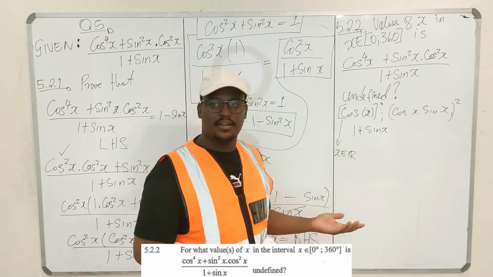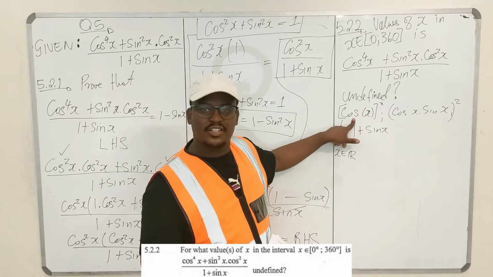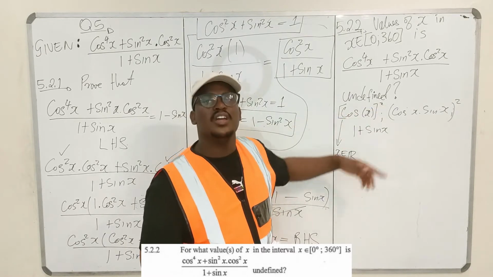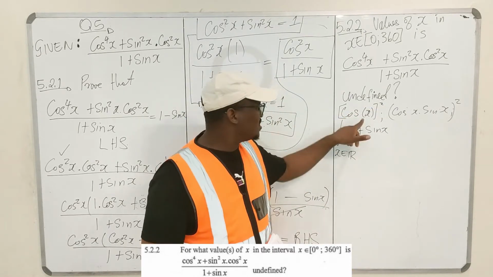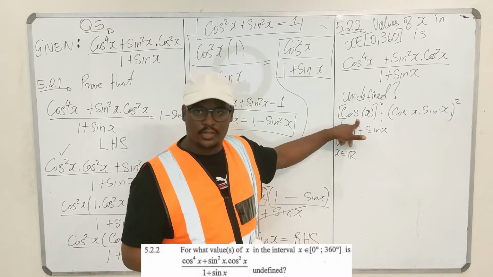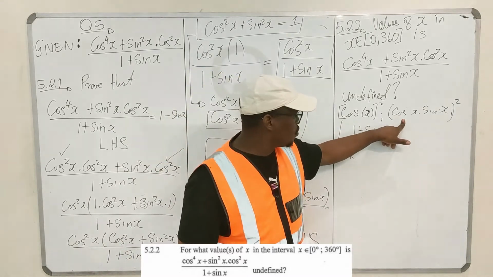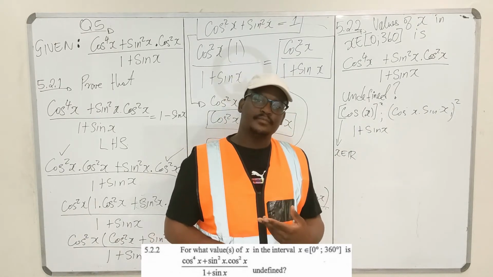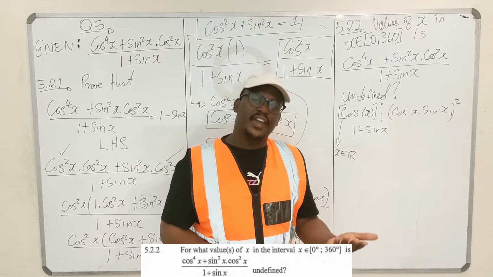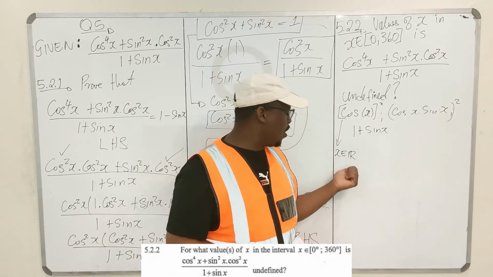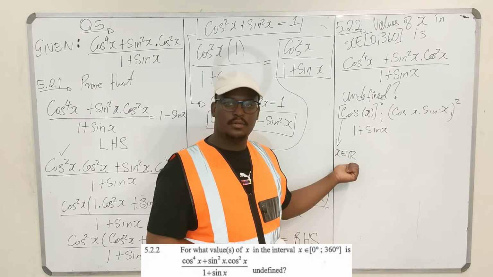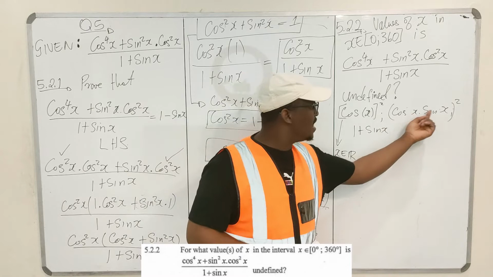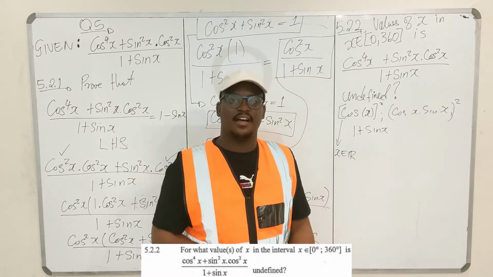This cos x all squared will always have a value because it will always be defined for all values of x. It's the same with sine x. Sine and cos have values anywhere on the real line. So for any real number that you substitute, you will have a real answer.